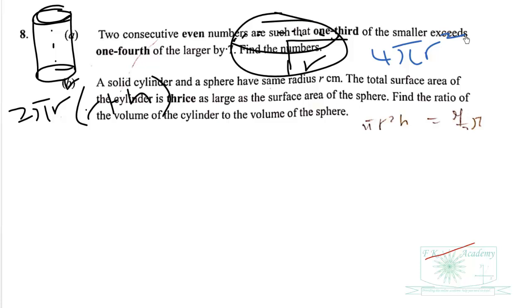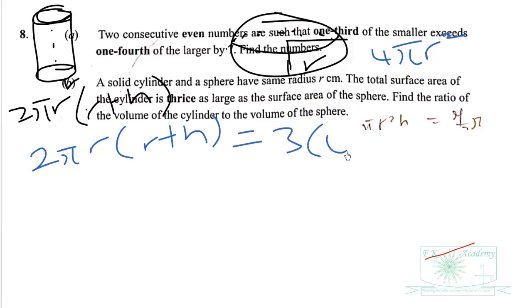So we're told that the total surface area of the cylinder is 3 times that of the sphere. So 2 pi r into bracket r plus h is 3 times 4 pi r squared.